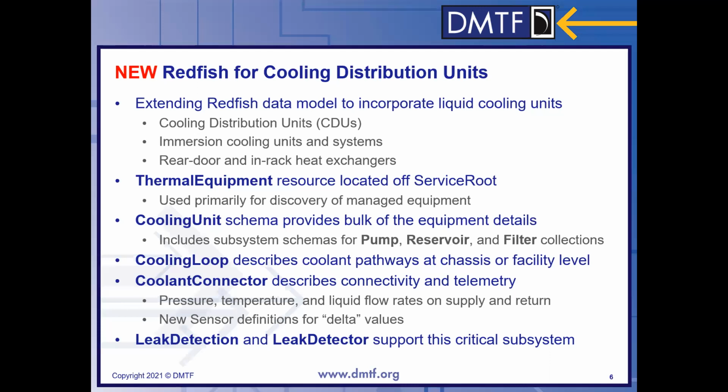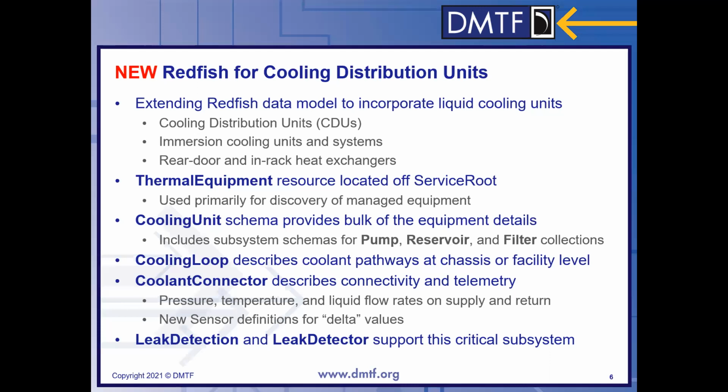And we'll show a little bit of these details. The bulk of the quote unquote interesting data shows up in a resource called Coolant Connector. This is how you model the connection between a piece of cooling equipment, on either the producer or the consumer side, and other pieces of equipment, or a connection out of one piece of equipment to a cooling loop, and then on to the next piece in the chain.